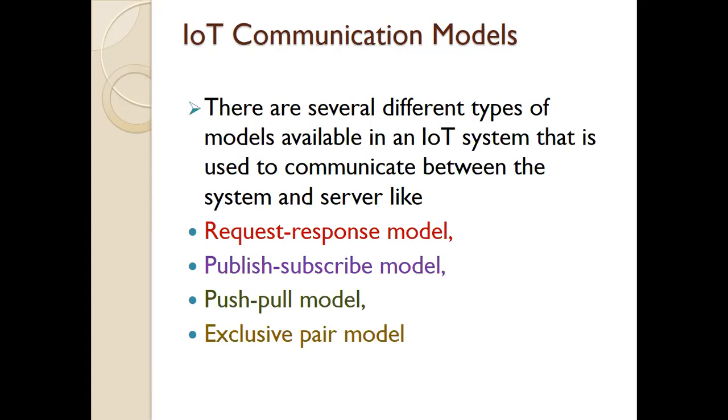There are four communication models: request response model, publish subscribe model, push pull model, and exclusive pair model. All these models are used for the communication between client and server.